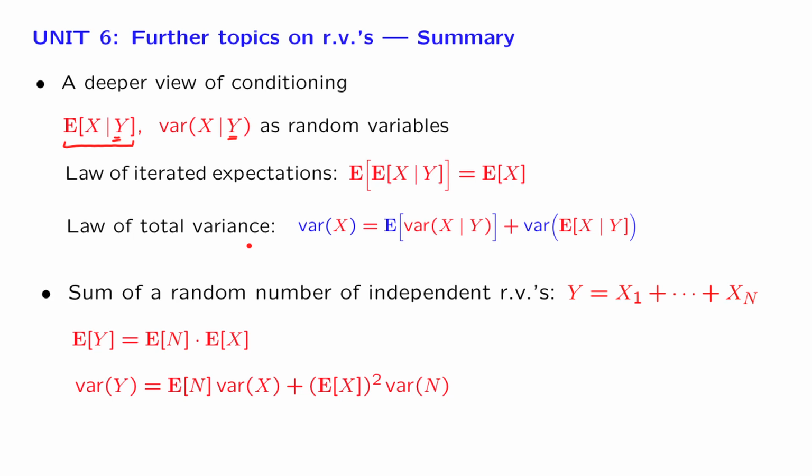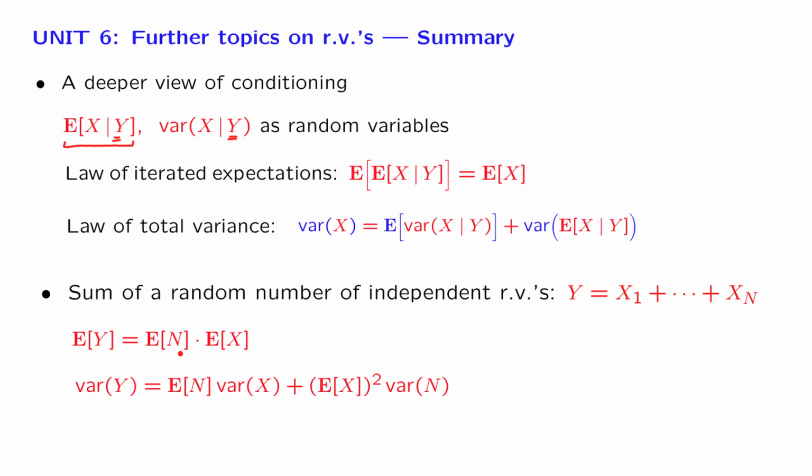Finally, a key application of these two laws that we have in our hands was in the context of calculating or doing something about random variables that are the sum of a random number of independent random variables. We saw that the expected value of the sum is equal to the product of two expectations.